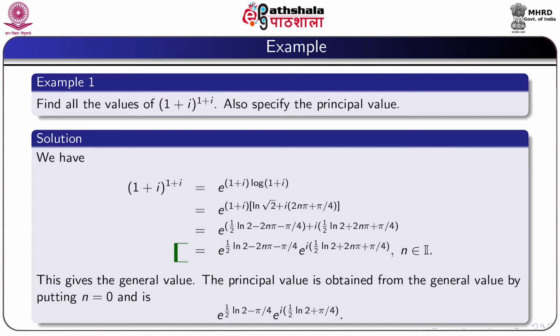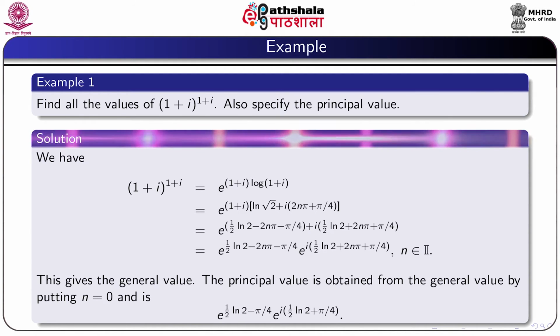This can be written as e to the power [(1/2) ln 2 − 2nπ − π/4] into e to the power i[(1/2) ln 2 + 2nπ + π/4], where n is any integer.